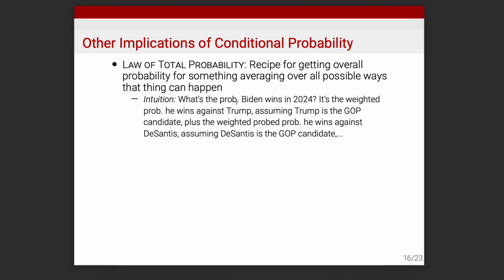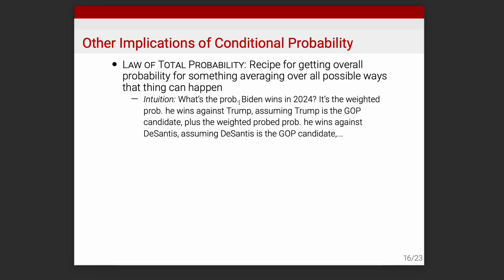So let's use an example first, since we're always in this class trying to start with the examples and then go to the general thing. The example is, what's the overall probability that Biden wins in 2024? You can think about that as the sum of the probability that he wins against Trump, weighted by its probability, plus the probability that he wins against DeSantis, adjusting for the probability that DeSantis is the contender on the other side, plus the probability of all the other candidates, weighted by their appropriate probability.